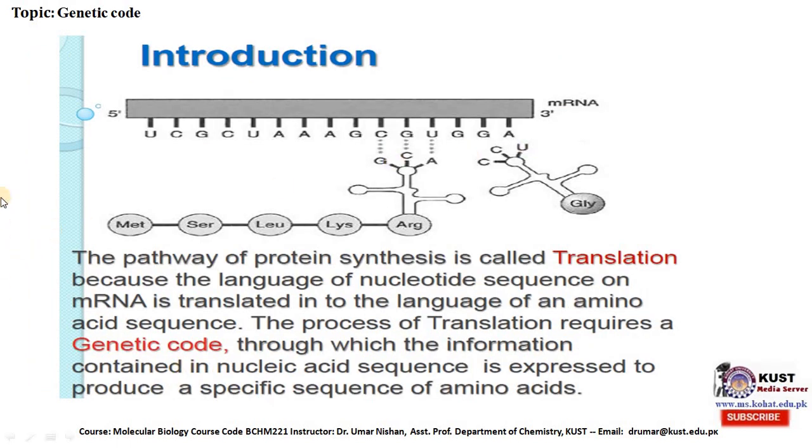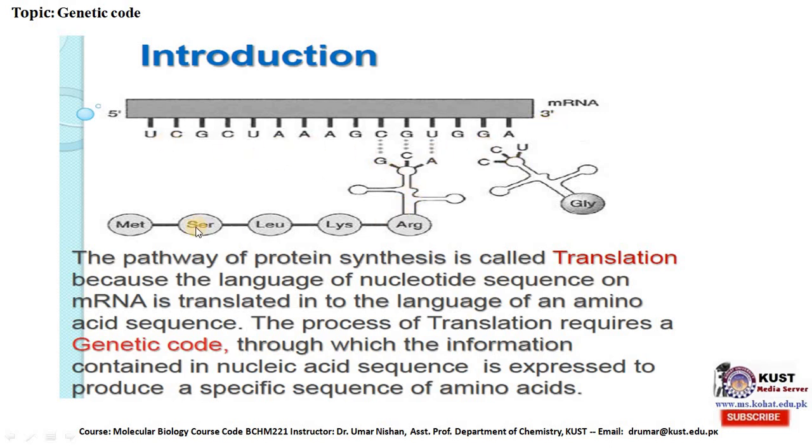Now this messenger RNA obviously consists of nucleotides U, G, C, G, C, U, A, G. This is how it is showing. So this is the messenger RNA.